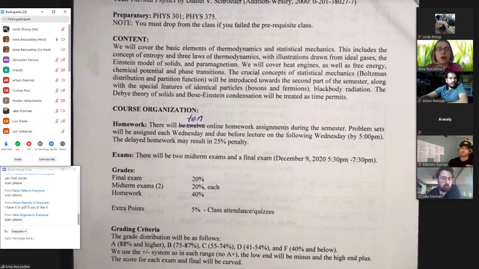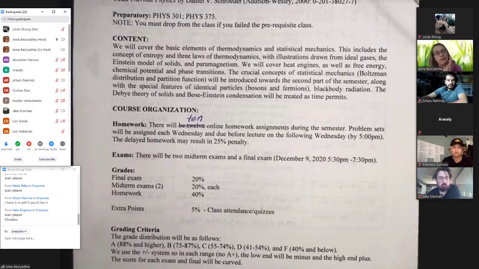Sometimes if you don't have a scanner, you can just use a phone, and there is a program which takes pictures, and if it's a document, it immediately finds the borders and creates a scan. You can scan many pictures, and it will create one PDF, and then you can submit it as a PDF. Please let me know if you need the name of this program, and I could send it to you, or you can share it in the chat if somebody needs it.